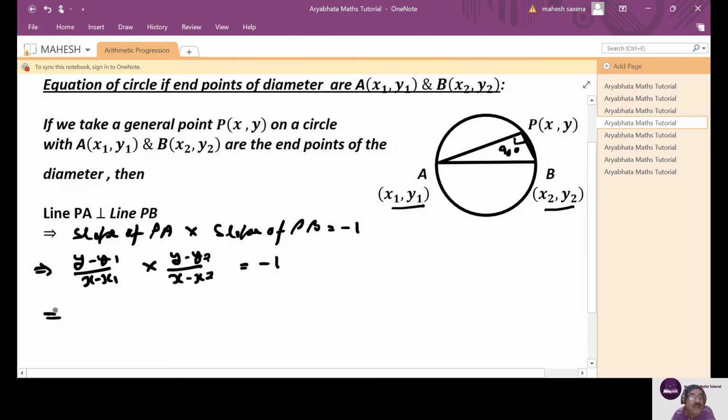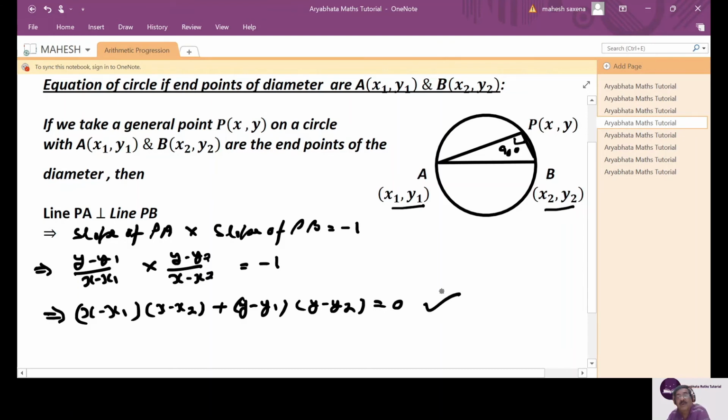Therefore, its equation can be written as x minus x1 into x minus x2 plus y minus y1 into y minus y2 is equal to 0. Therefore, this is the equation of a circle whose end point of the diameter is A, that is x1 y1, and second point is x2 y2.